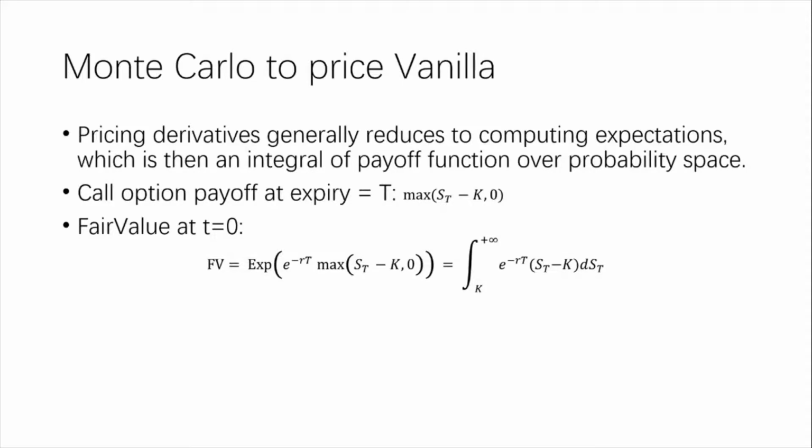So you can say the fair value is an expectation of your payoff function over the stock price distribution. As long as we know the final stock price distribution, we can calculate the expected value of the payoff function over it, and then discount back to today gives us today's fair value. So you can see.